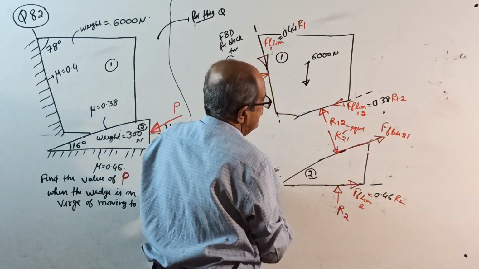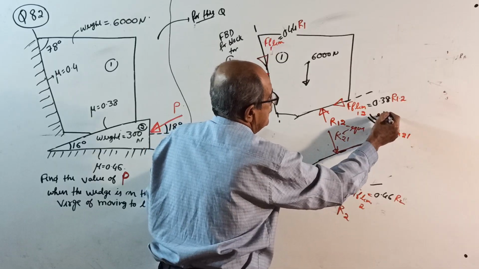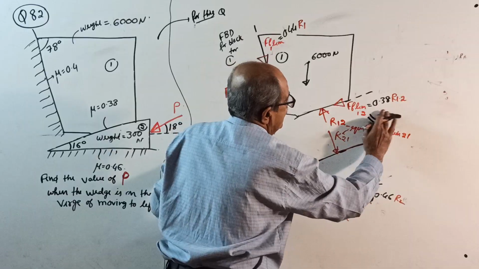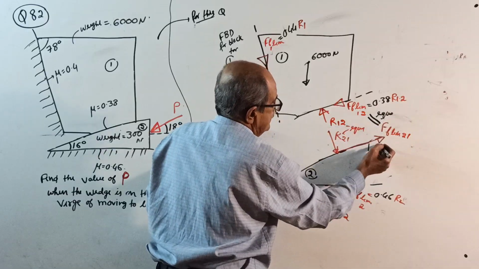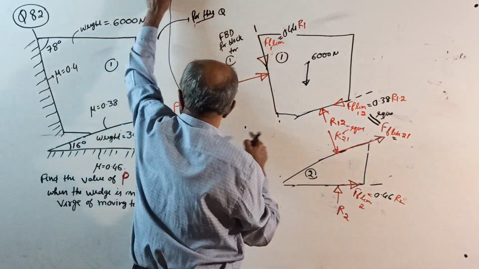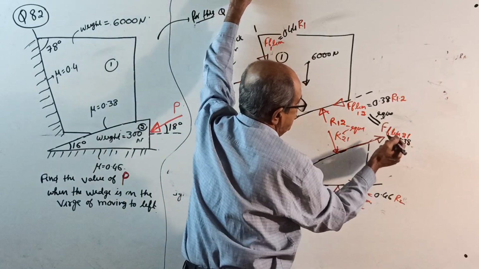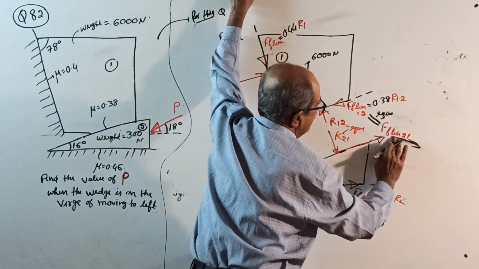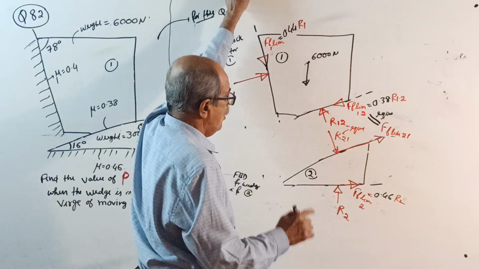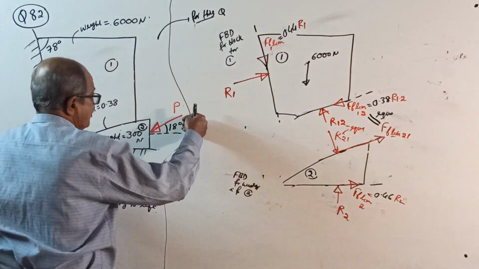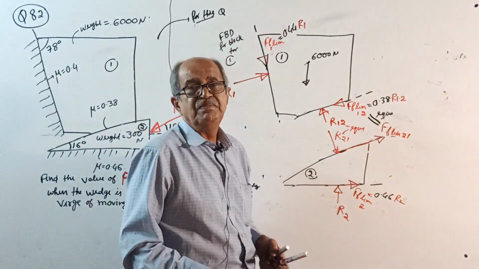These two are equal, and the coefficient is 0.38. So 0.38 into R12. Equal is sufficient. When the wedge is moving this way, friction is this way.